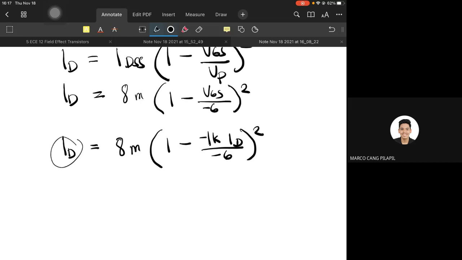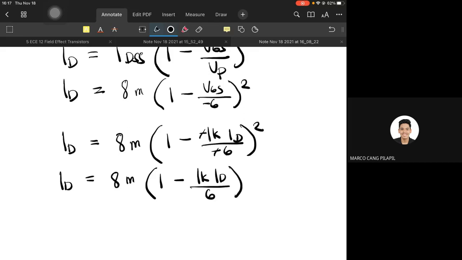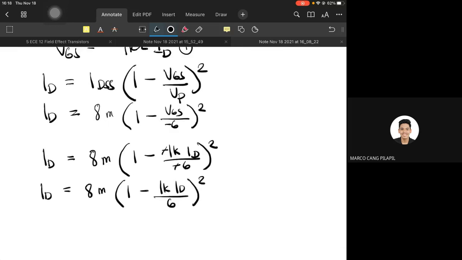We have ID here and ID also here, in a quantity. So what do we do? First, cancel the negative signs. So this becomes ID is equal to 8 milli times 1 minus 1k ID over 6 squared. The whole quantity is squared.